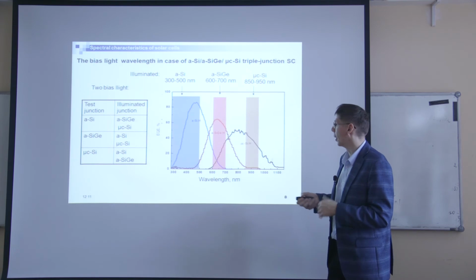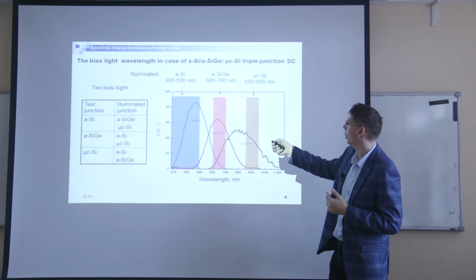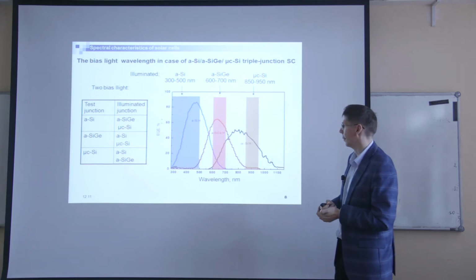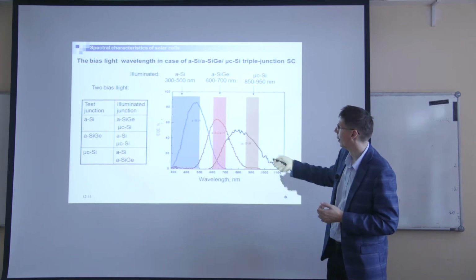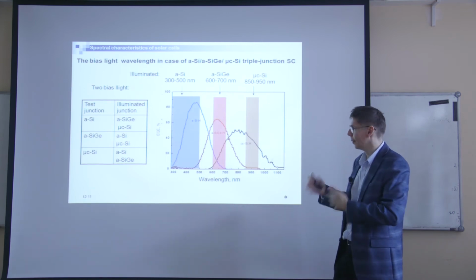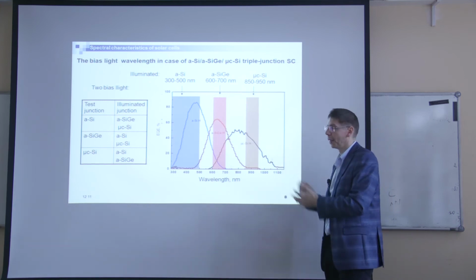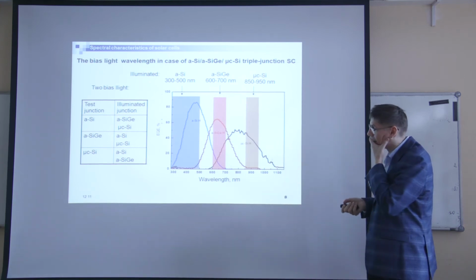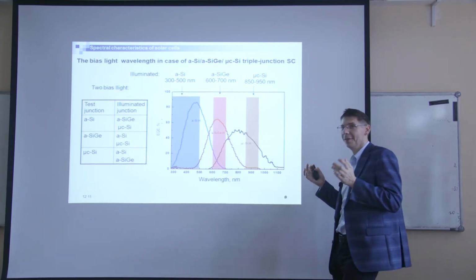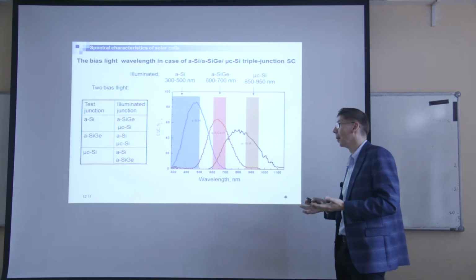For example, here, to measure the top junction, you have to use two lights to eliminate the middle junction and the bottom junction, and to measure the middle junction you use two different lights, etc. So actually it seems to be very easy. I mean, maybe not so easy, but the idea is quite simple.